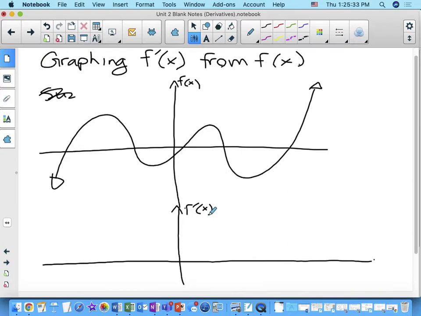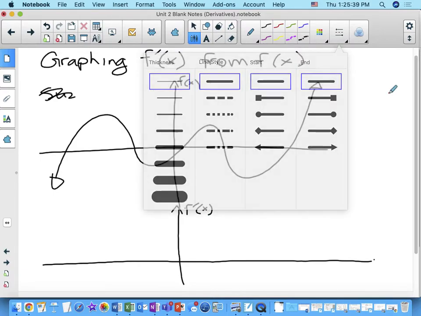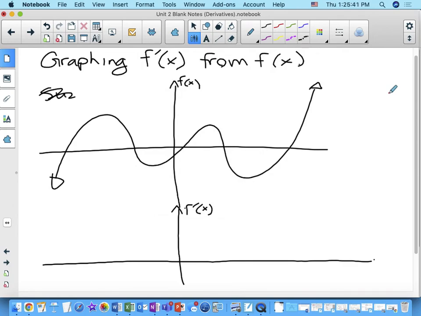So the horizontal tangent lines would go on the max and the mins. Okay, so here, here, here. Okay, so that's where the horizontal tangent lines are.